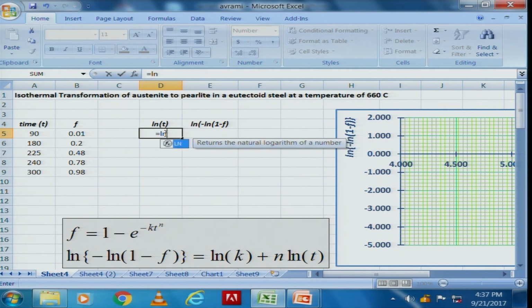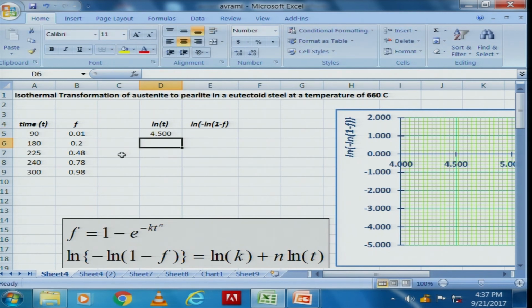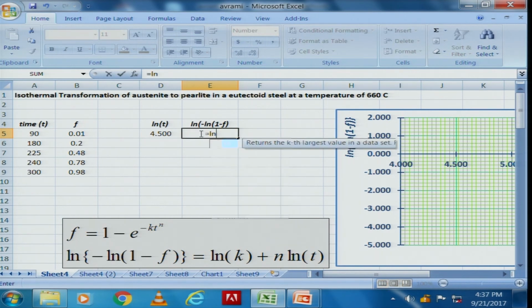The spreadsheet has a function called natural log, ln, and it requires me to give time here, which is in cell A5, and this gives me the value of log 90 here. And here let me take logs: minus log.